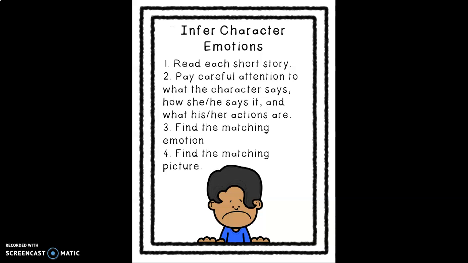We're going to read a couple short passages. Make sure that you pay careful attention to what the character is saying, how she or he says it, and what his or her actions are. How he or she says it is important because we can say something, but depending on how we say it and the tone we use, how it comes across can change what we mean.